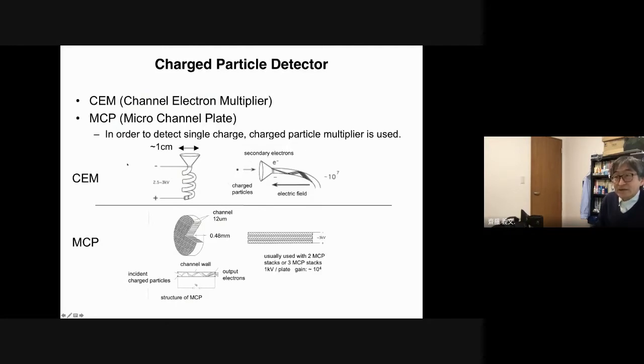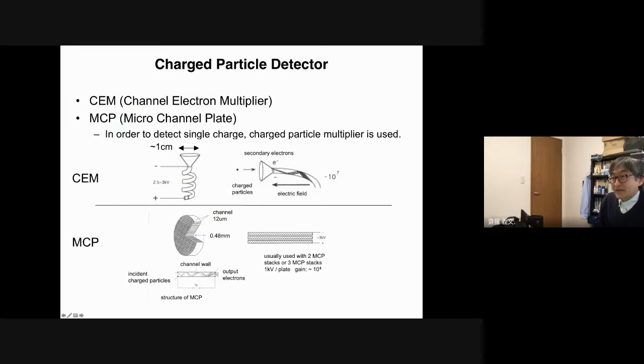The channel electron multiplier is shown here. The size is about 1 centimeter times several centimeters. When a charged particle enters this device, with high voltage applied between the inlet and outlet, the incident particle collides with the inside wall of the channel and generates multiple secondary electrons. Those electrons are accelerated by the electric field and collide with the wall again.